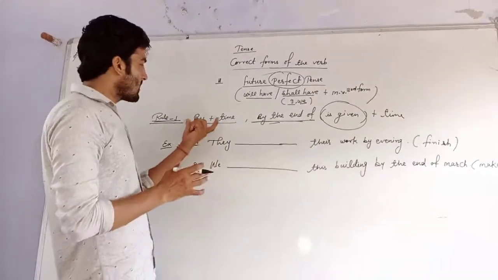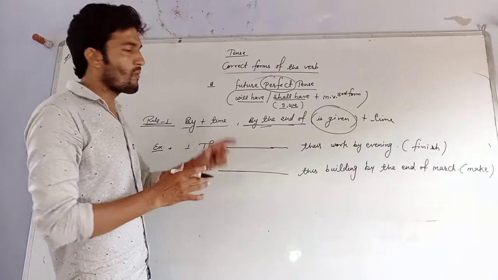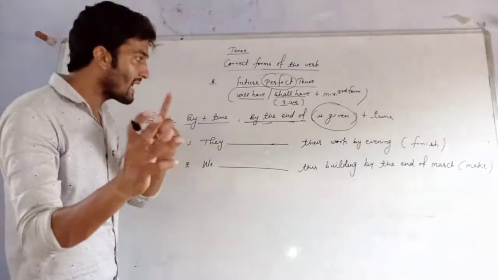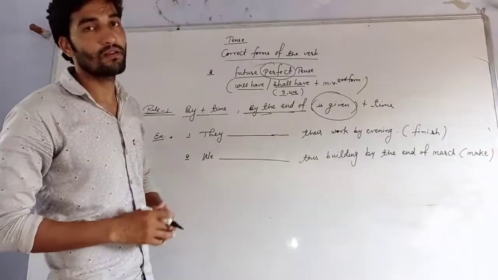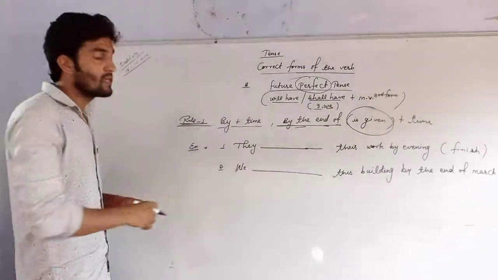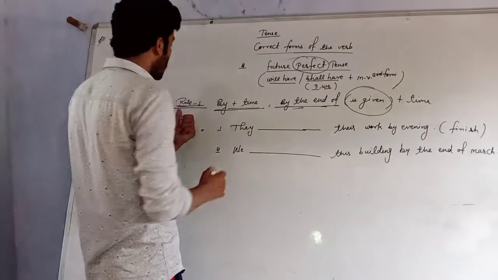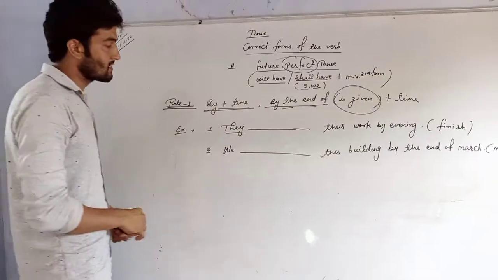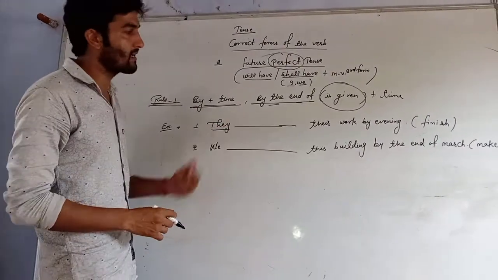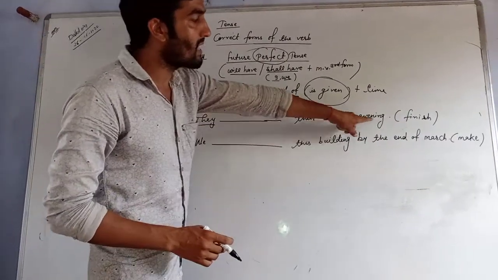Okay, so you can find by plus time. If by plus time is not given, then by the end of plus time will be there. According to this rule, look at the very first sentence. The first sentence is they blank their work by evening.